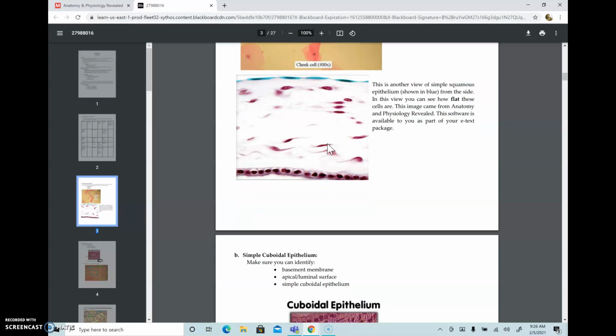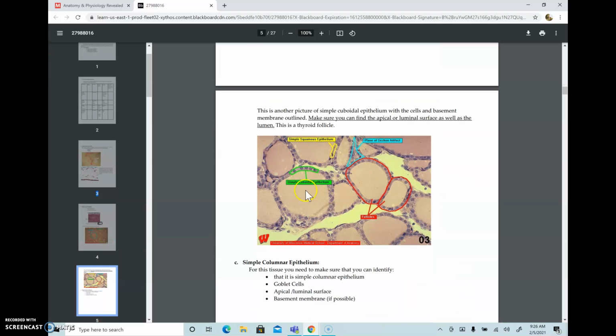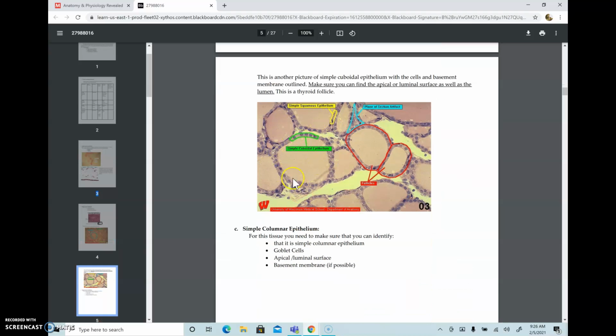The cuboidal epithelium a lot of times are present in ducts and tubules, and they protect the underlying structure from abrasion. And over here, let's see this picture. This picture shows the thyroid follicles of the thyroid gland, right? So the region in the center of the thyroid follicle is considered the lumen of the thyroid follicle.